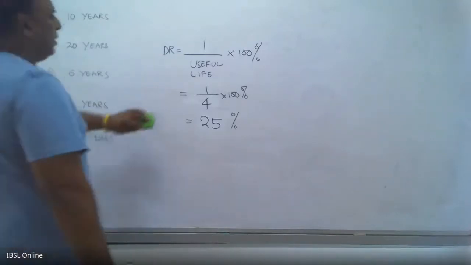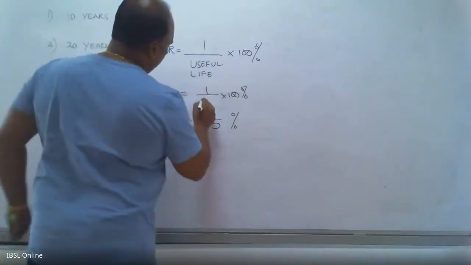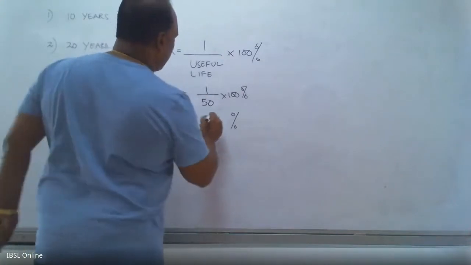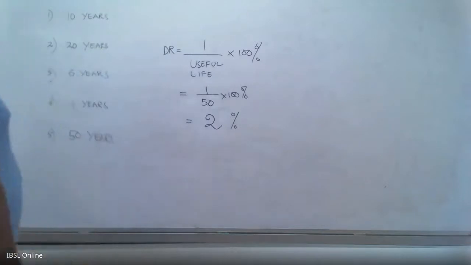And the last one, when you say 50 years, this becomes 2%. Okay. Is that clear?